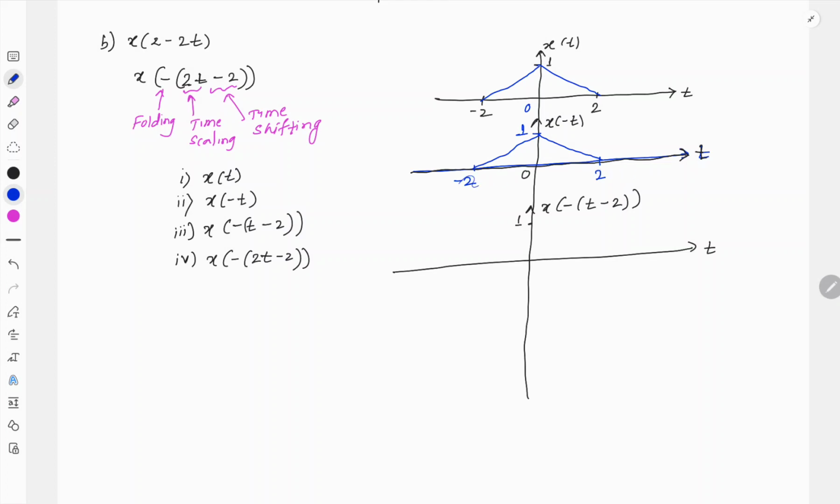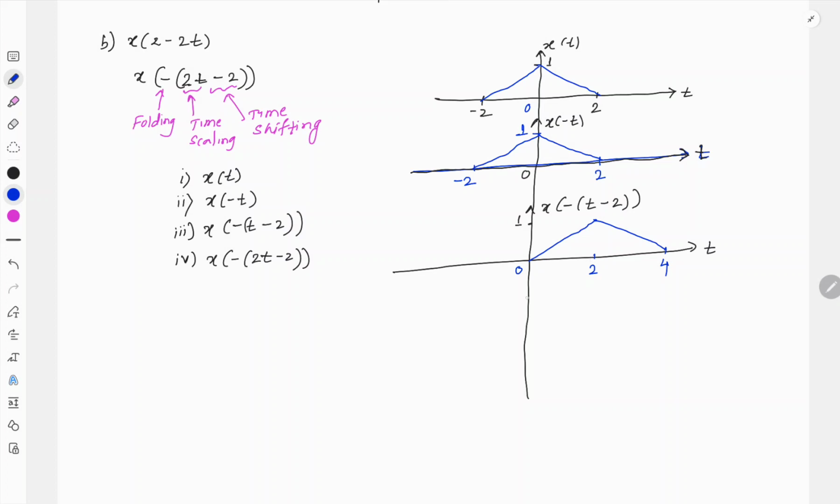So this minus 2 will be shifted at 0, 0 will be shifted at 2, and 2 will be shifted at 4. So let us mark the coordinates first: 0, 2 and 4. So with amplitude equal to 1, this signal will be drawn in this way. So this becomes your shifted signal.